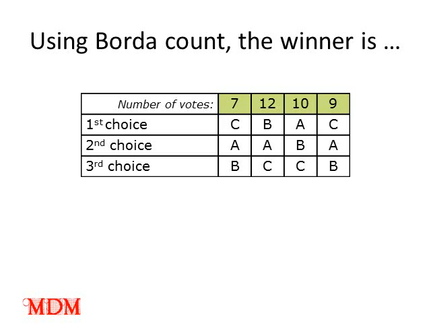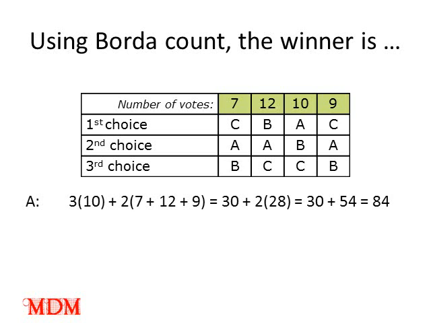Using the Borda count method, let's determine who the winner is. Remember that we're going to assign 3 points for first place, 2 points for second place, and 1 point for third place.